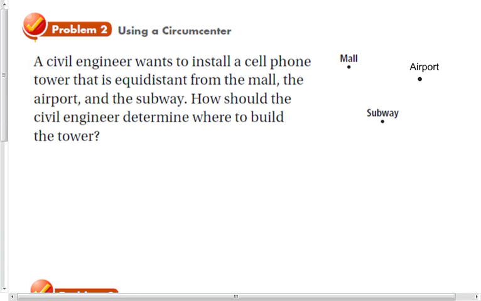All right, so we're going to do a problem here. A civil engineer wants to install a cell phone tower that is equidistant from the mall, the airport, and the subway. How should the civil engineer determine where to build the tower? If it's equidistant from each of those points, we could think of a triangle connecting those points. I'm just going to draw a line through each of those points.